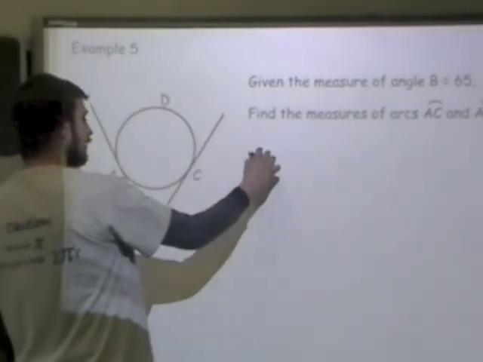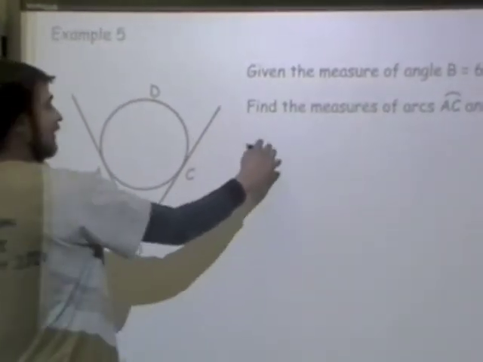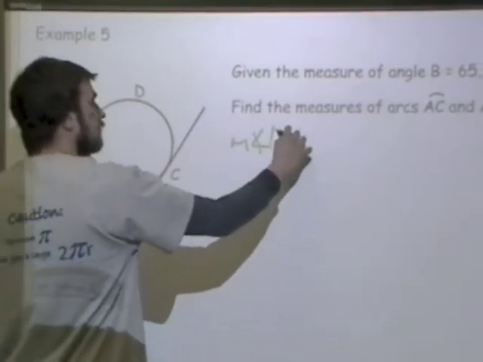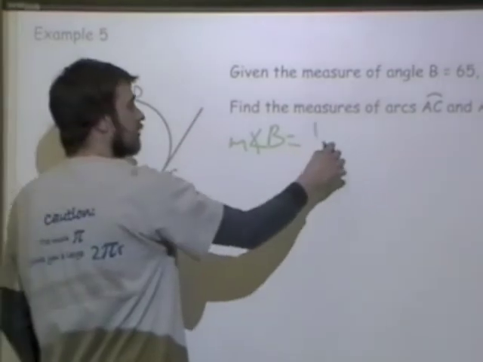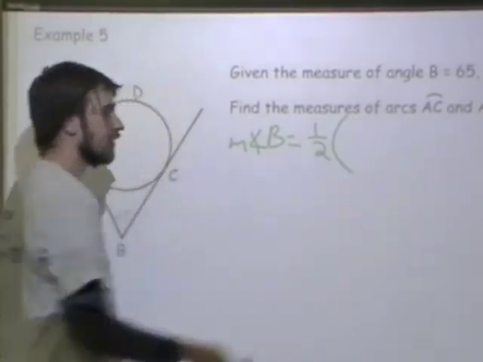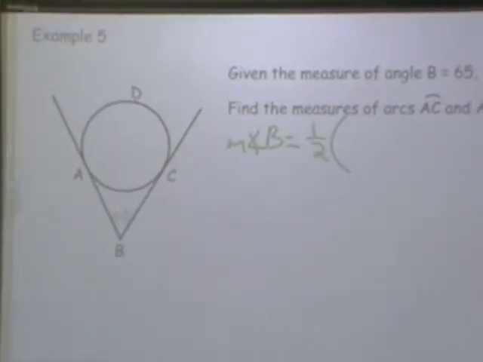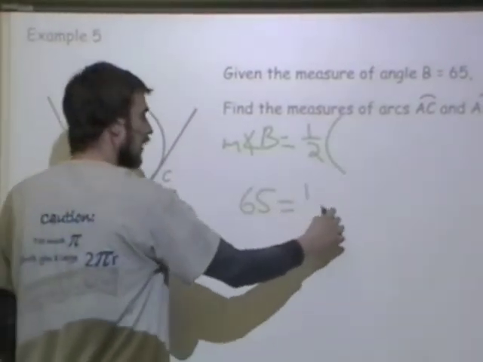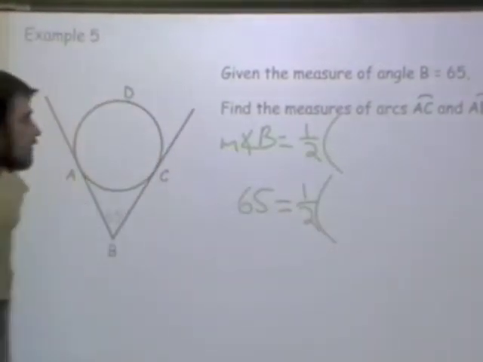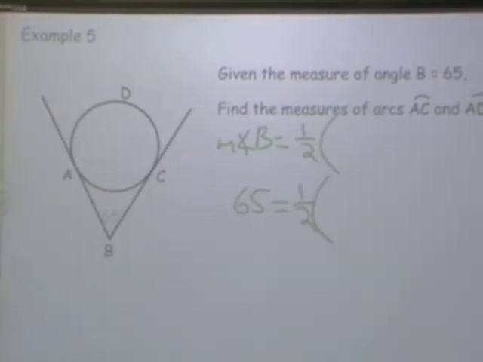We know that the measure of angle B is equal to half of the difference of the arcs. So 1/2 times the difference of the arcs, which we still don't know. The measure of angle B is 65, so we could fill that in, which is equal to half times the difference of the arcs, but we don't know either one.